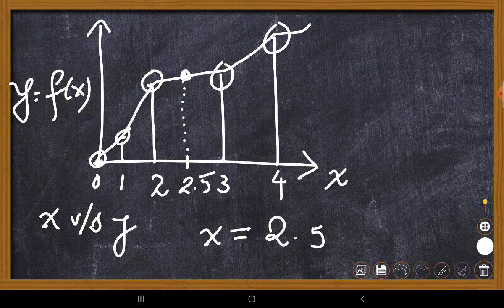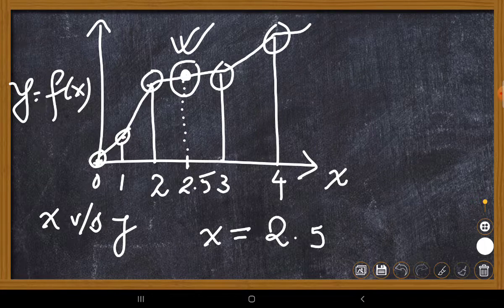An estimate of y for x equals 2.5 will be here. This is just one simple example of the graphical method, but you are not required to learn it. I am just showing you so that you have some knowledge regarding it.